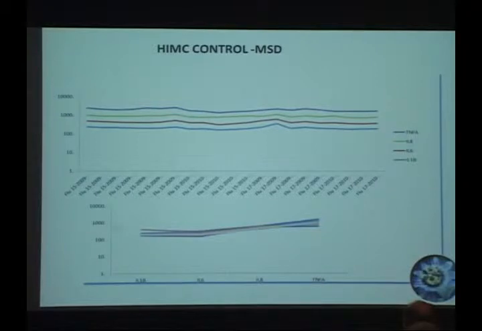We use a master plate and test the samples both in Luminex and in the MSD, a 4-plex MSD. So this is the equivalent of the 4-plex MSD for all these controls repeated in the same 20 plates.